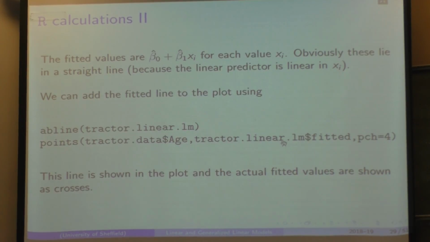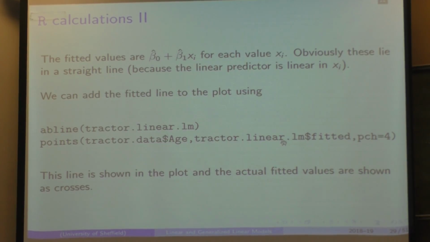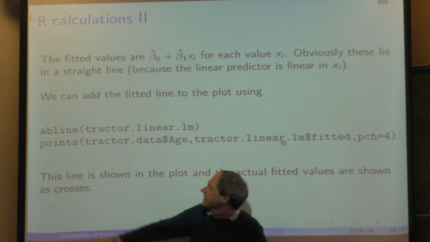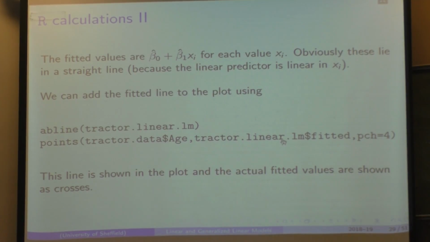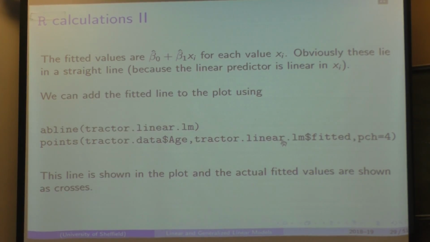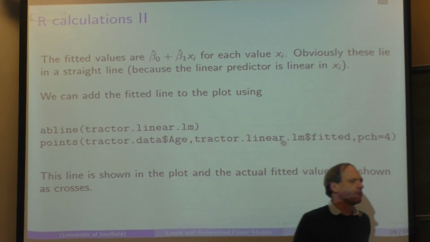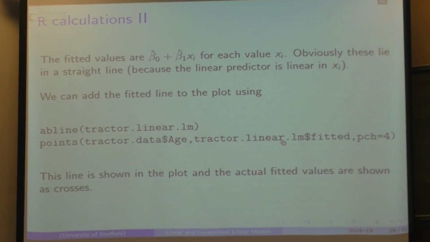Okay? So it turns out that we can add the line that R fits to the plot using a couple of simple commands. One of them is this command, abline. That adds the line, and R is able to work out what the line is just from the object tractor.linear.lm that we created.